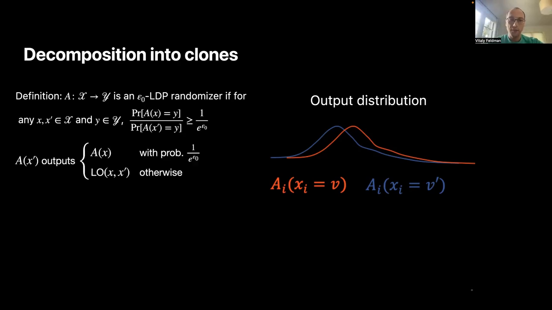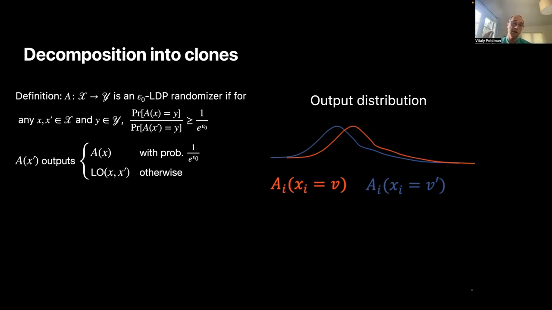Maybe one way to think about it is that you can think of the output of the randomizer run on X prime as outputting the same output as A being run on X with probability 1 over e to the epsilon 0. We are dedicating that fraction of the total output probability to A of X, and with probability 1 minus 1 over e to the epsilon 0, it will output some leftover, whatever is left over after you subtract the other element.